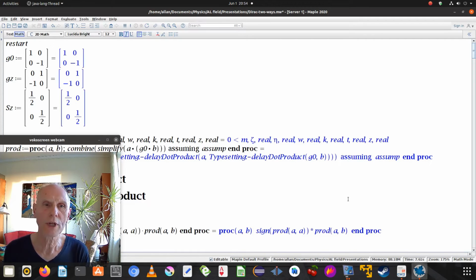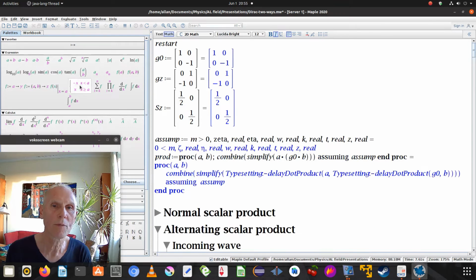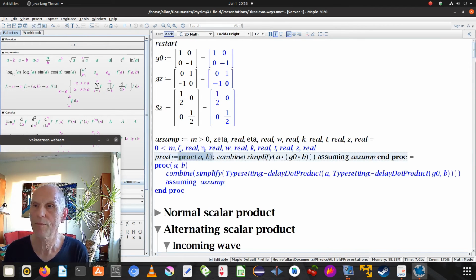I'll just show you that I did some work on the boundary condition. So we define the scalar product. I use G0 to do that. Oh, that doesn't work here.